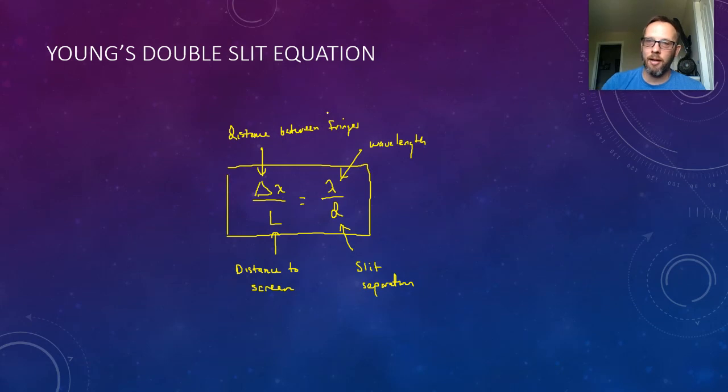But the big idea, guys, is that now we can make predictions. If light is a wave, and I shine light of a certain wavelength through a double slit to a screen, a distance I know, I can say that I should see dark fringes here, here, here, and here, with this distance. And you can carry this out and actually verify this.